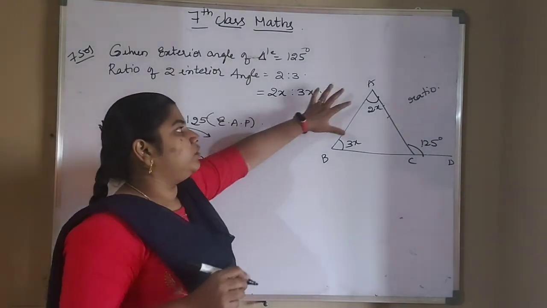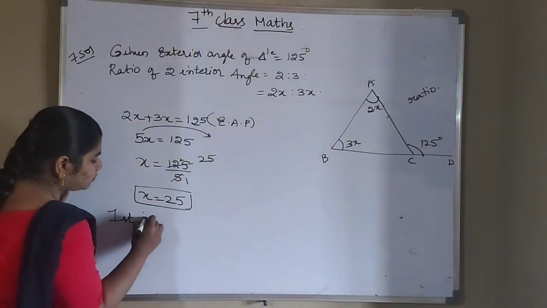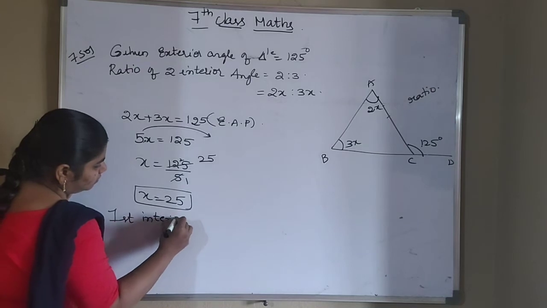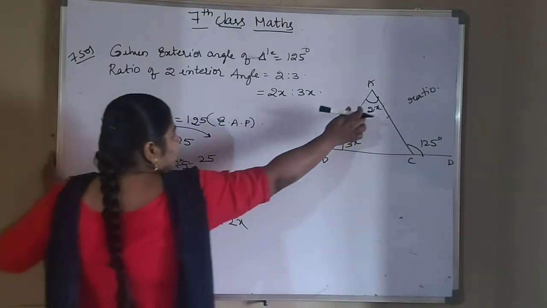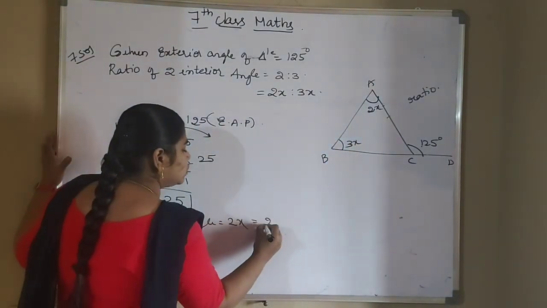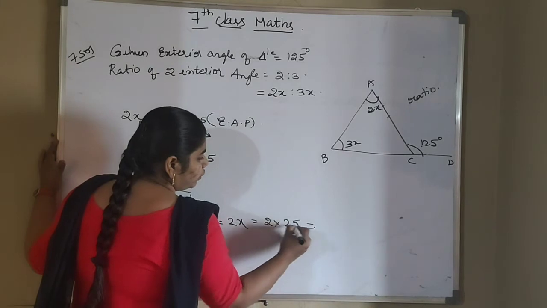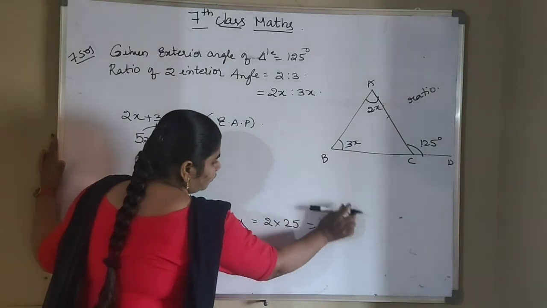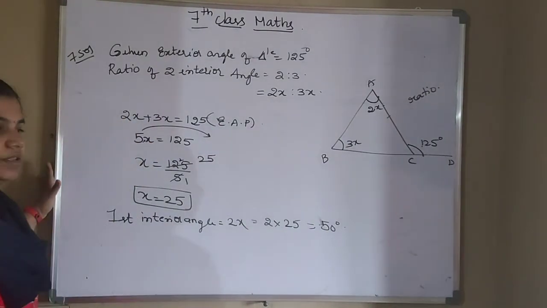We have to find the whole angle now. So the first interior angle. What is the first interior angle? That is 2x. So 2 is a constant number. The x value you got is 25. 25 twos are 50. So the first angle is equal to how many degrees? 50 degrees.